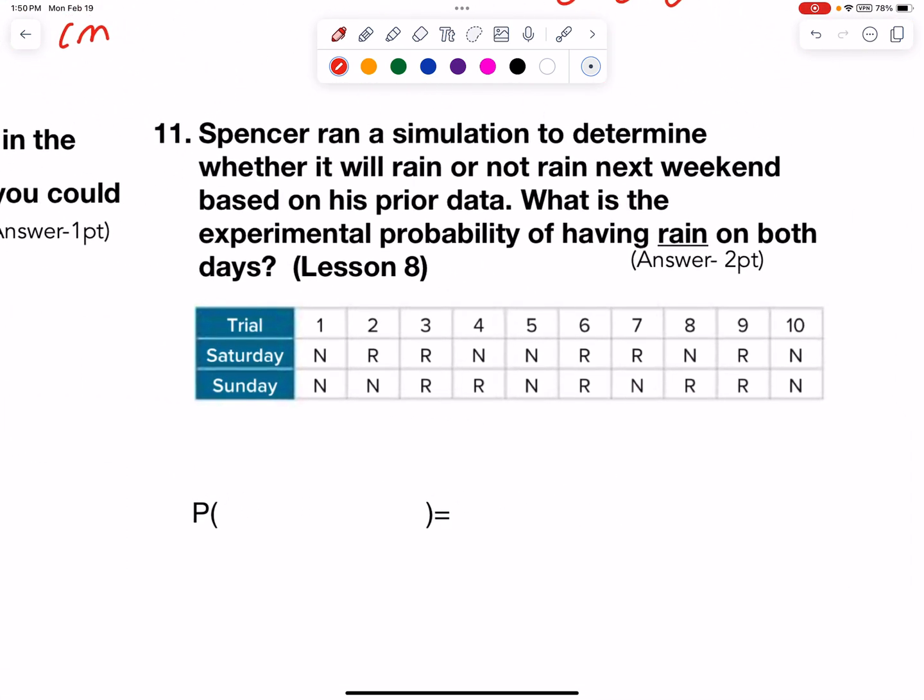Okay, all right, so we actually ran the simulation, determined whether it'll rain or not rain next weekend. Based on the prior data, what is the experimental probability, so I need the probability notation, of having rain on both days? So this is where you would go through and highlight. So I have rain, rain, and rain. Okay.